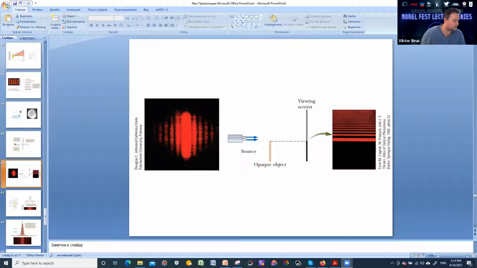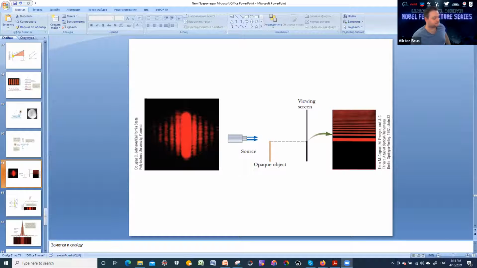So let us consider a common situation, a slit which is hit by an electromagnetic wave, and the light which goes through the slit we project on some screen.